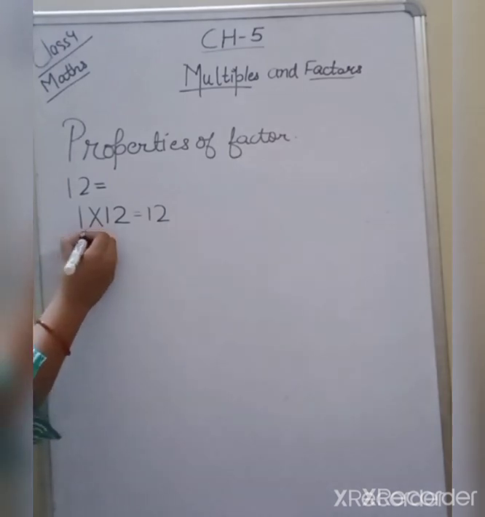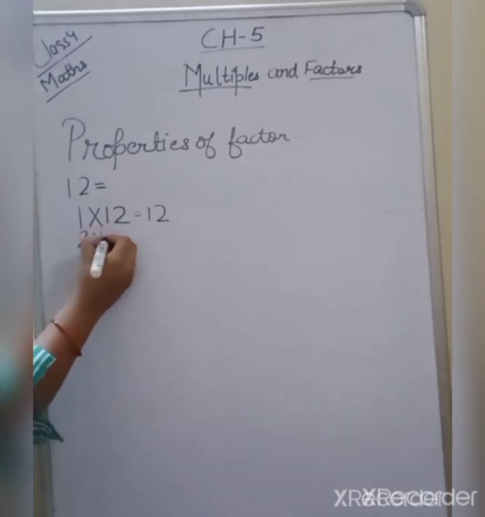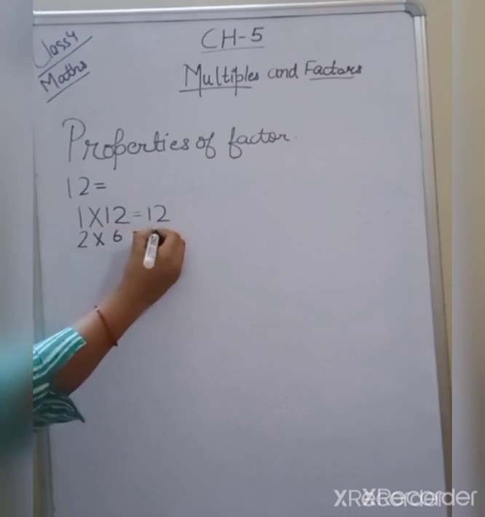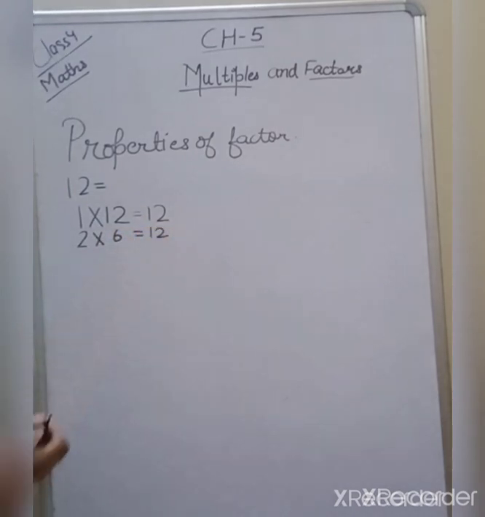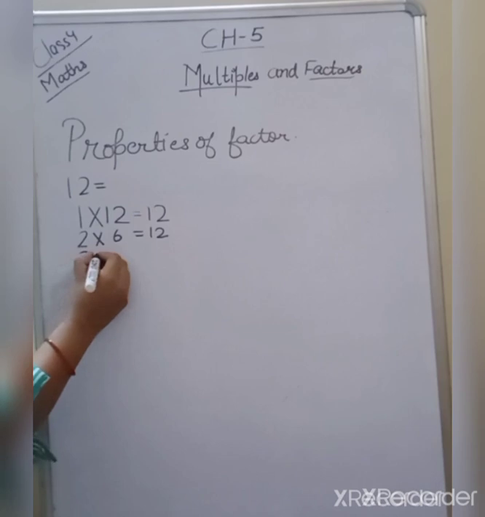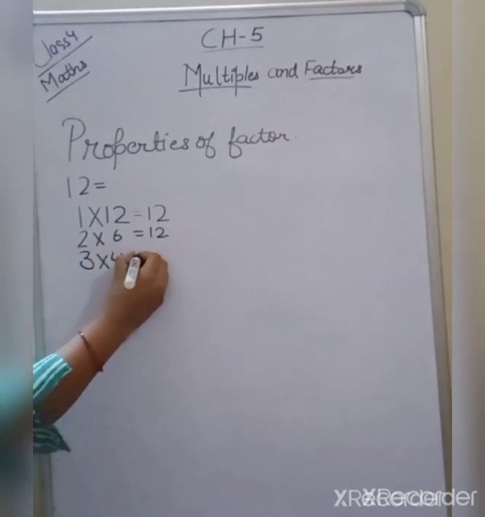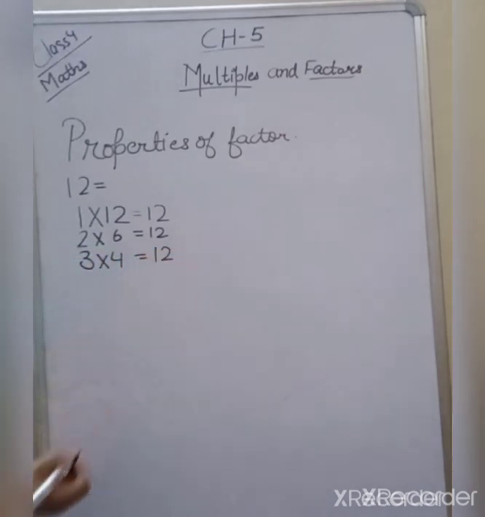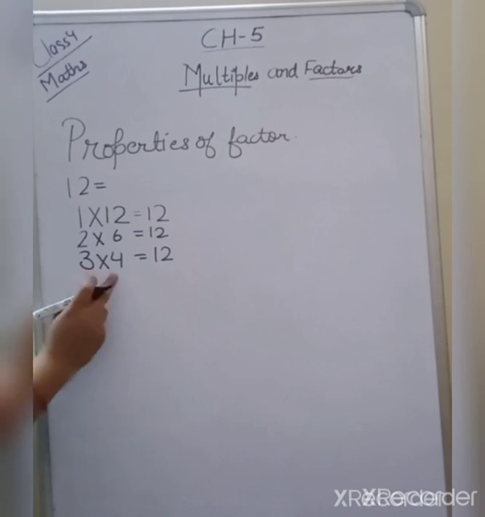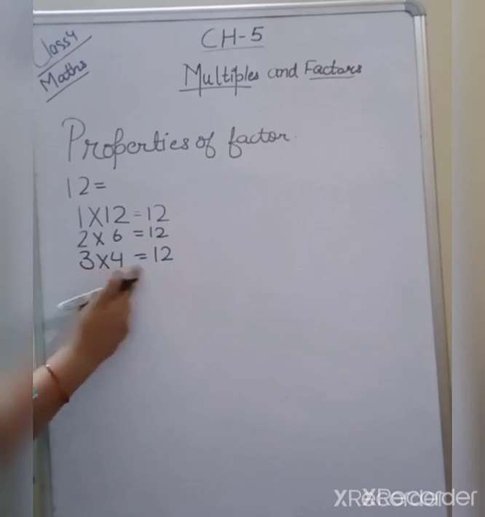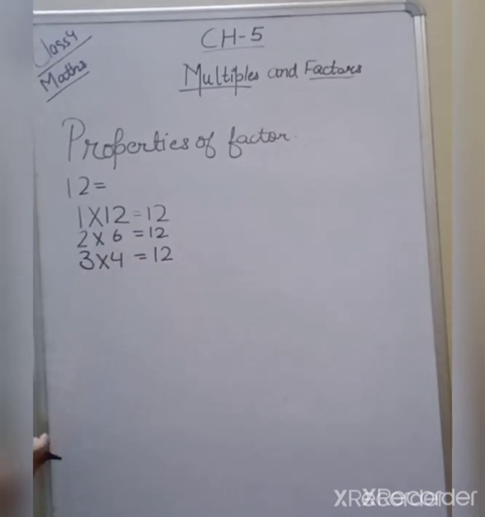Now we will talk about 2. 6 times 2 is 12. Yes. Now we will talk about 3. 4 times 3 is 12. Yes. Now 4. Yes. 3 times 4 is 12. And if you talk about 5, no. 12 will not come in the 5 table.